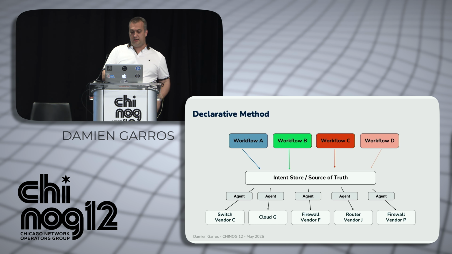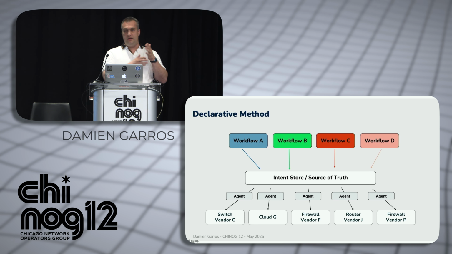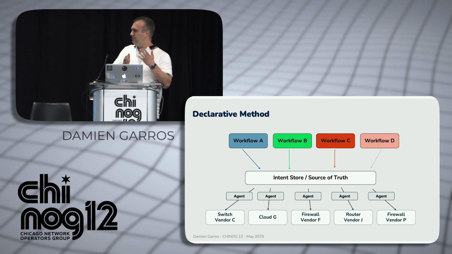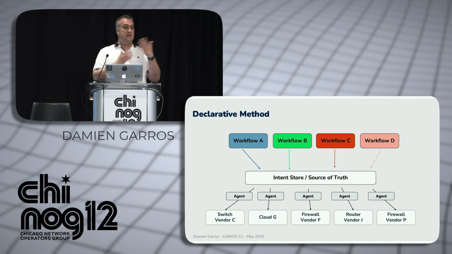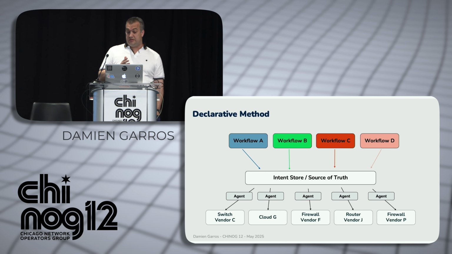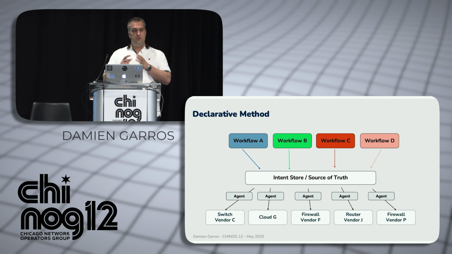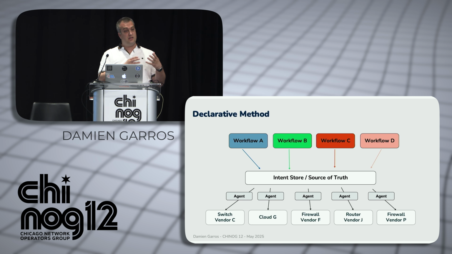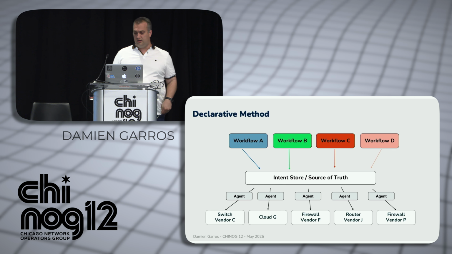Now we see that the changes are managed more independently by agents, or that could be smaller workflows. The term doesn't really matter. That could be Terraform at the bottom, that could be Kubernetes, that could be Ansible, on each of them. But the concept is the changes are broken down into smaller steps that become easier to develop, to test, to validate, and you focus more on the state than this end-to-end workflow.